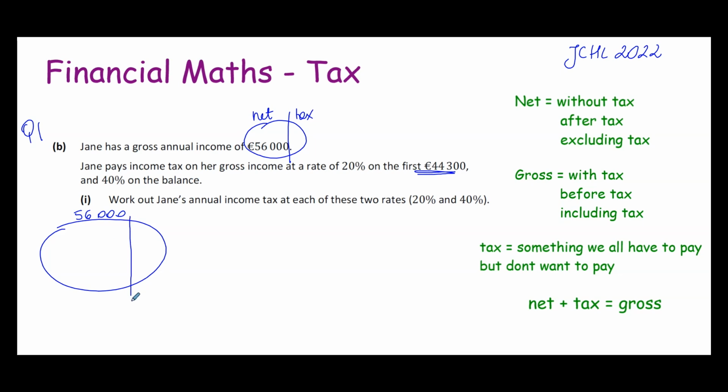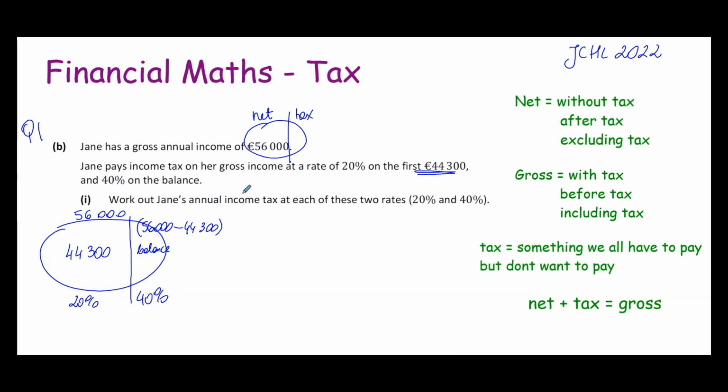On one side I have 44,300, and on the other side is the balance. How will I find the balance? From the gross, from everything, if I take away 44,300, that will be what's in this part. Here we are told that the first part is taxed at 20% and the remaining part at 40%.